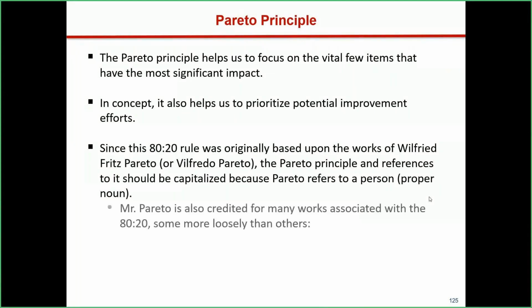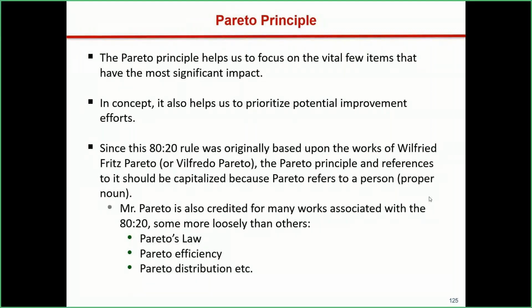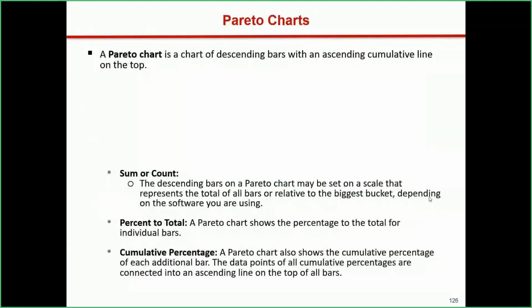Mr. Pareto is also credited for many works associated with the 80-20, some more loosely than others: Pareto's law, Pareto's efficiency, Pareto distribution, etc. Wilfredo Pareto was an Italian economist.